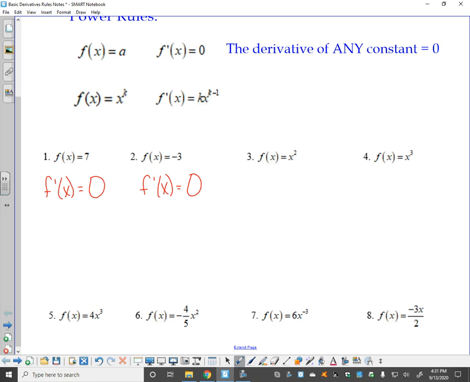For number 3, we're using the power rule, so f prime of x equals, bring the power down front, and subtract 1 from your power. Number 4, the derivative, bring your power down front and subtract 1 from your power.